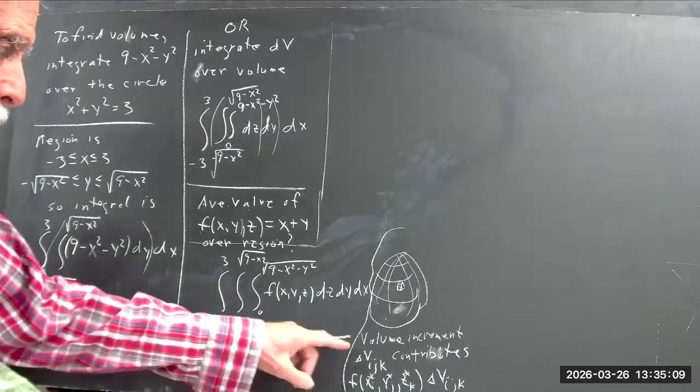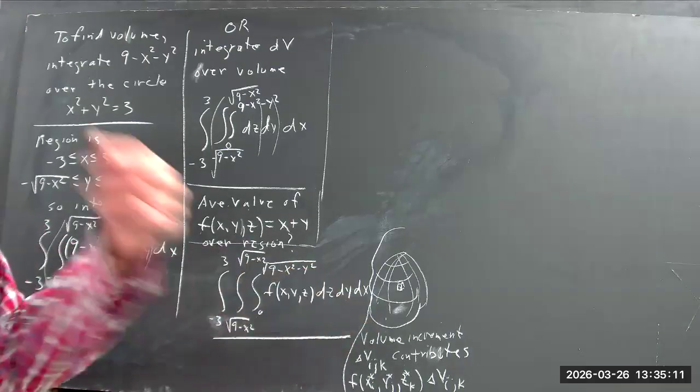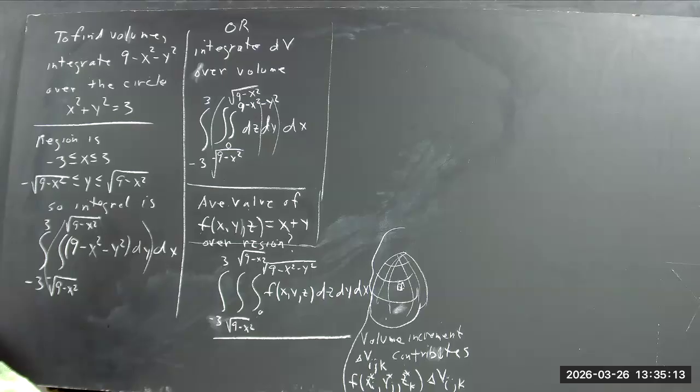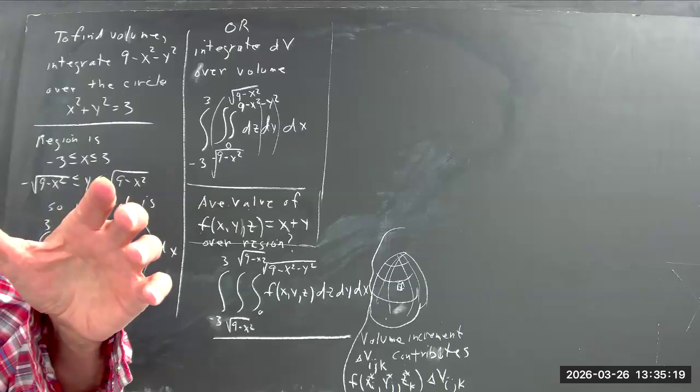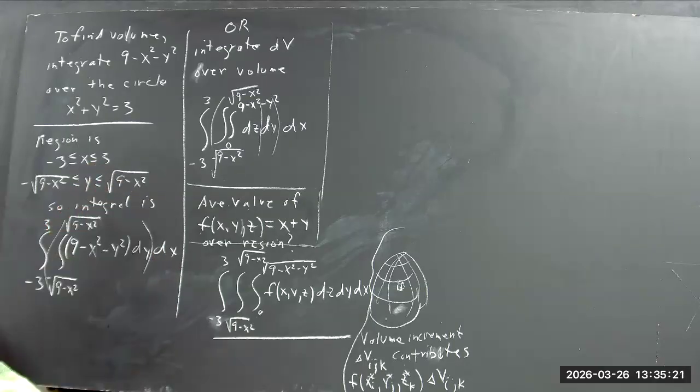It's the integral of f of x, y, z, dz, dy, dx, but that's not the average value. That's the total amount of stuff in there, right? The average value, you've got to divide by the volume.